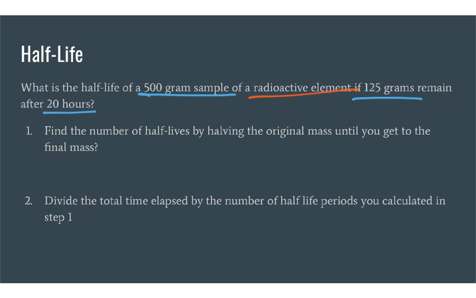So our first step is we're going to find the number of half-lives. So we started with 500 grams, and we ended with 125. So we're going to divide by 2 until we get to 125. All right, we're there. So this was 1, 2. So 2 half-lives. So we're going to write this down so we remember. So 2 half-lives, done. So our second step, we're going to divide the time elapsed.